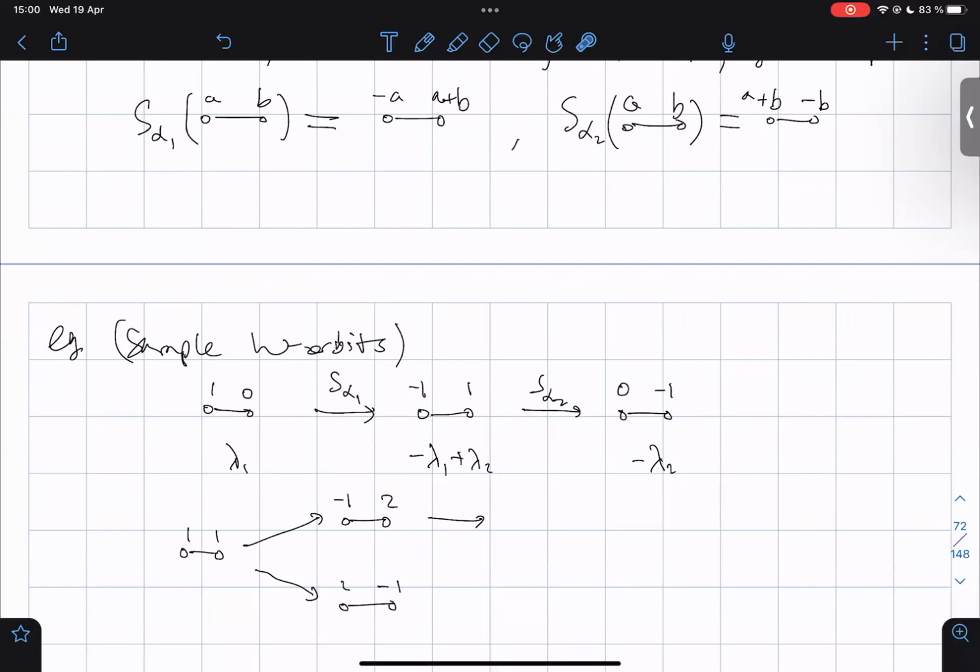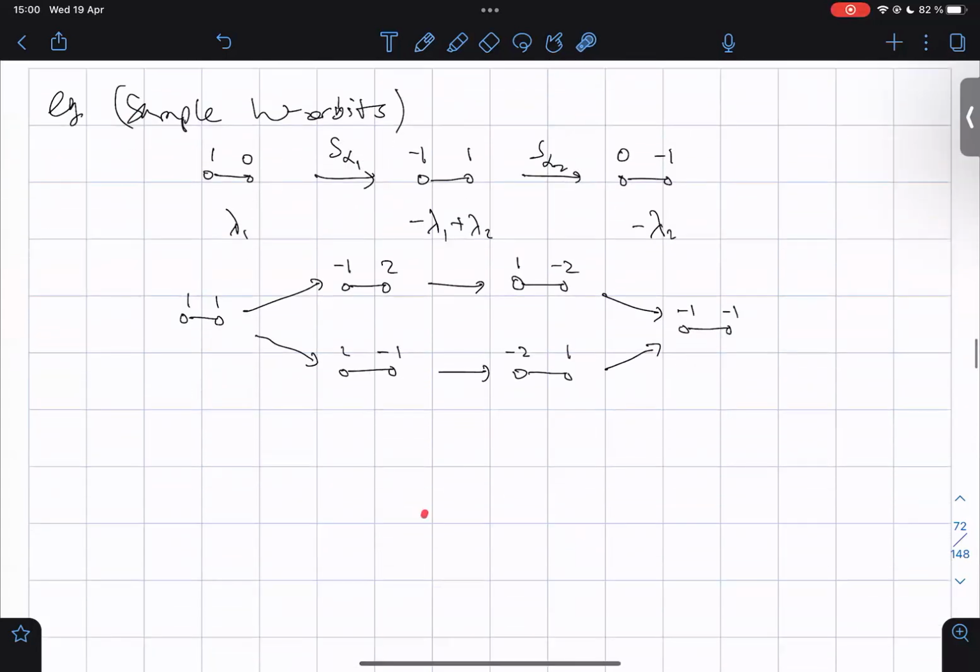I'm not going to do it to -1 because that's going to backtrack me through the orbit. So we have this and that, and here I get this and that. And lastly, you get that. And those are exactly those 6 outer points in the adjoint representation.